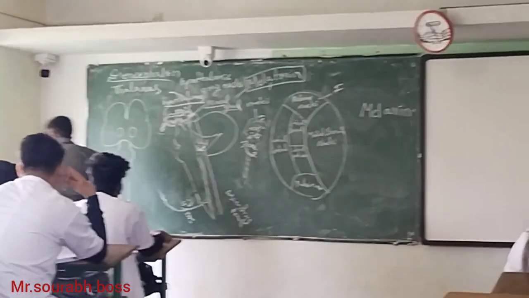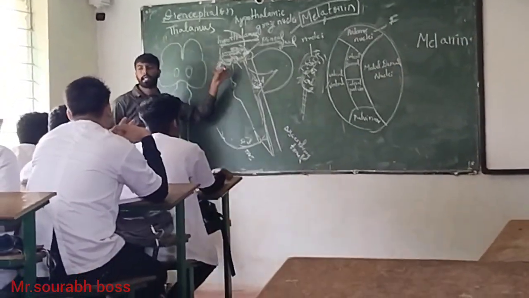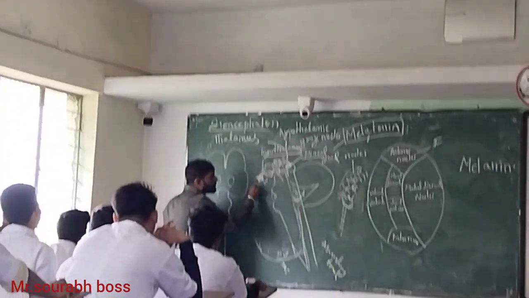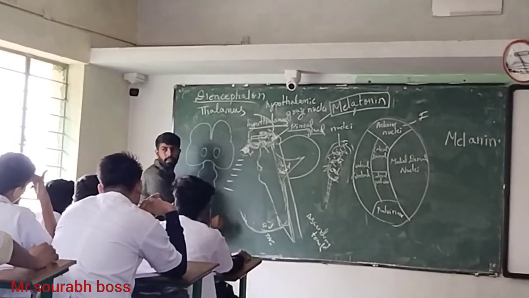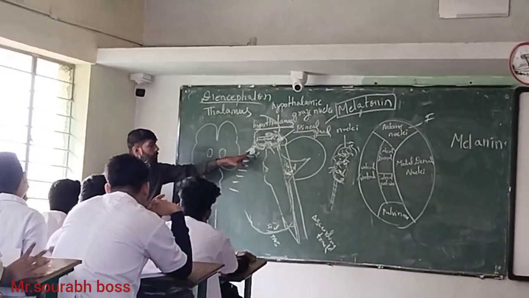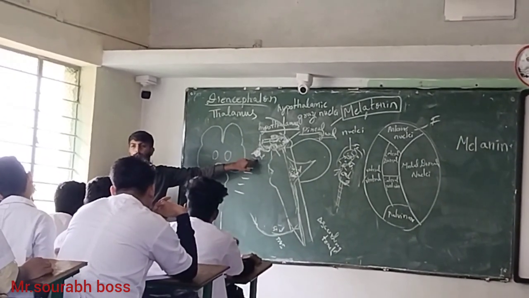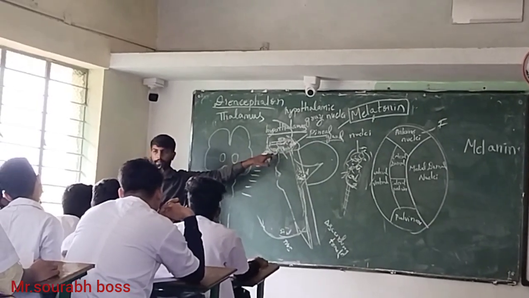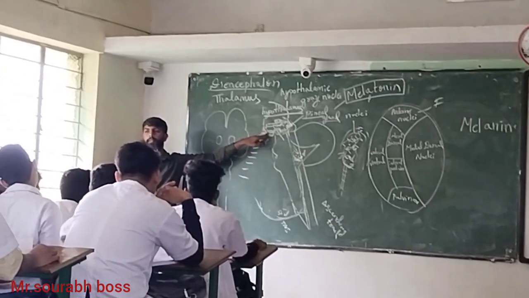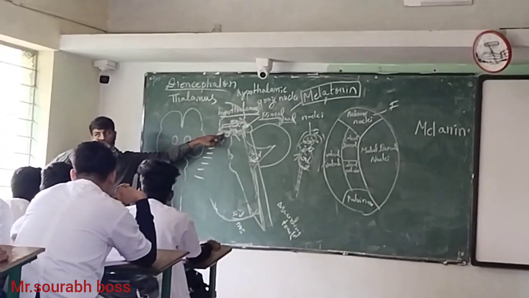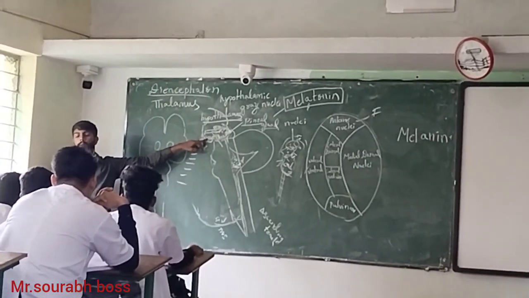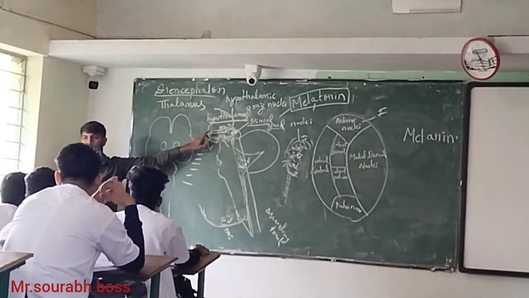So remember this with the hypothalamus. This gland produces so many hormones. So who will tell this gland to produce so many hormones? Hypothalamus helps for the secretion of hormones from the pituitary gland.